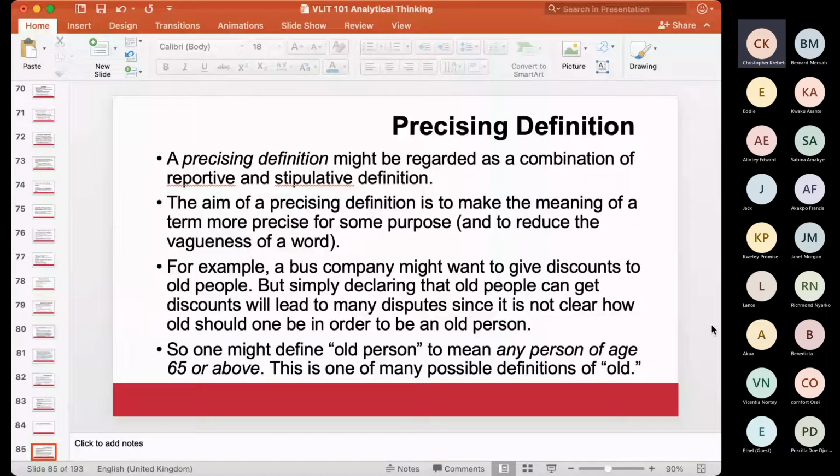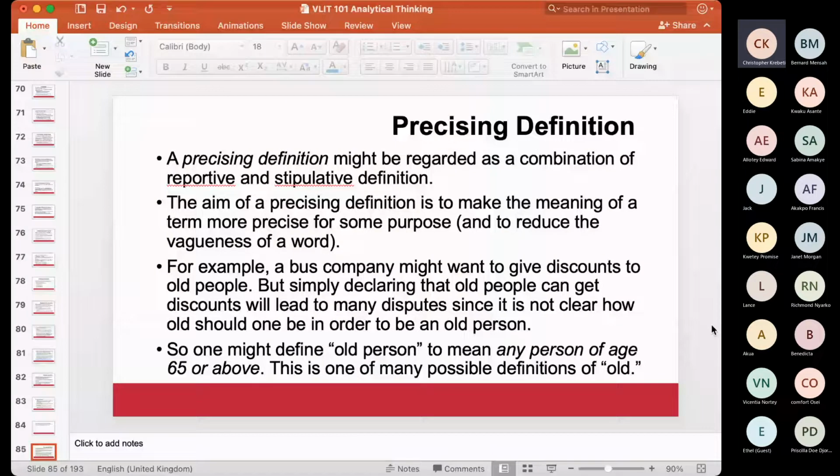So you take the word old person or old in the dictionary, it will never tell you any person of age 65 or above. So if you take the dictionary meaning as sacrosanct, it is vague. If you apply it, there will be a problem, and for policy reasons, we will have more problems.